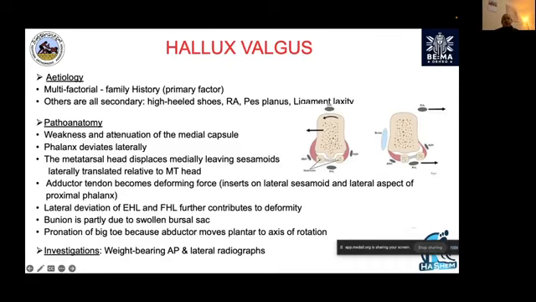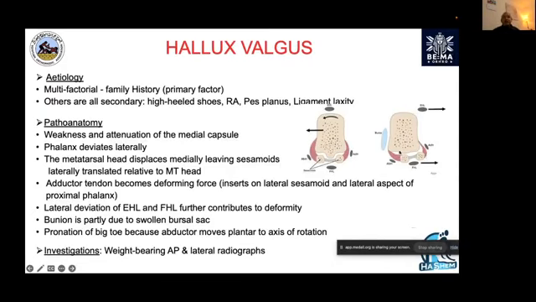If you come to the anatomy to understand, the situation starts with medial capsule attenuation. With the medial capsule attenuation, the phalanx deviates laterally, and because the phalanx deviates laterally, this moves the whole thing away from the sesamoid, rather than the sesamoid being centered in the sesamoid joints or sesamoid foci. This moves all the muscles on this side to more varus, and this disturbs the whole mechanics around the toe.